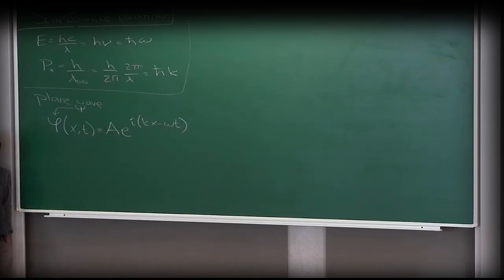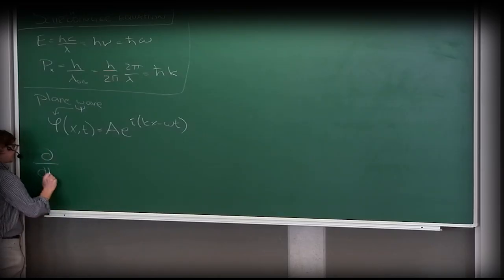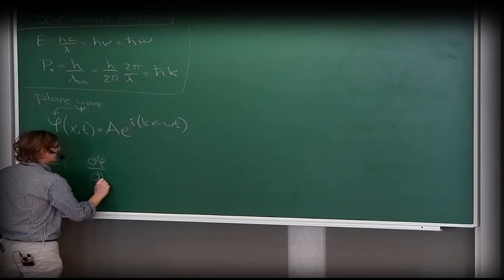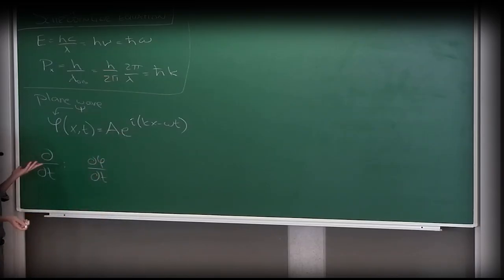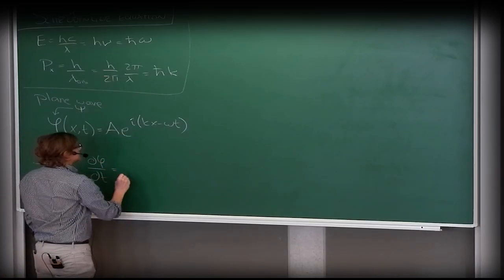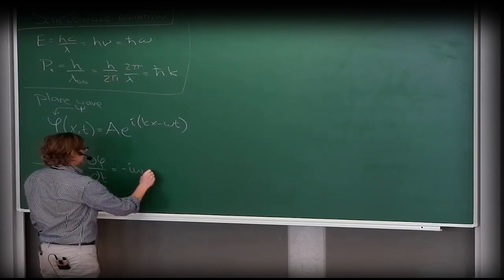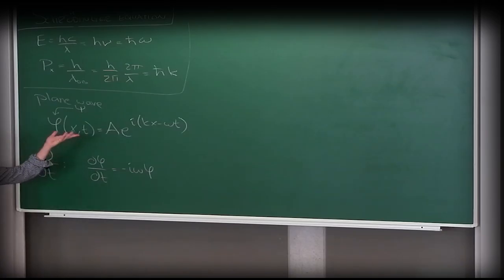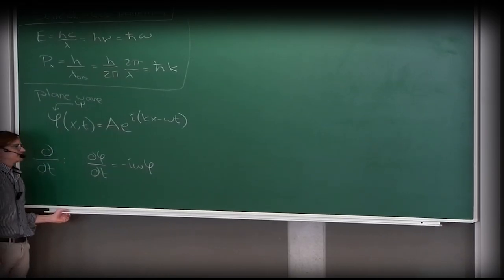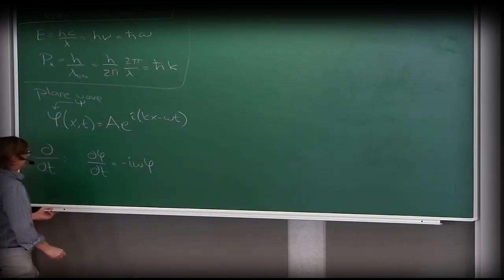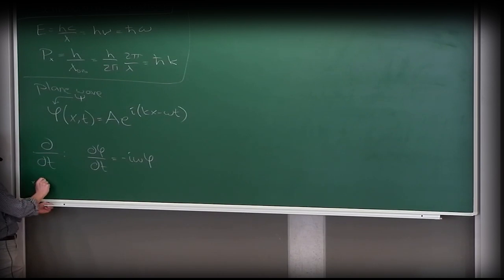Okay, we're going to play around just a little bit with this first. We're going to take the time derivative. This is, again, just things that we have done. If we take the time derivative of this, d phi dt, we know that the wave-like character means that it basically just comes out, right? So in this case, this is just minus i omega times the function itself. It's just a reflection of that, okay? And then we're going to multiply it by i times h bar.